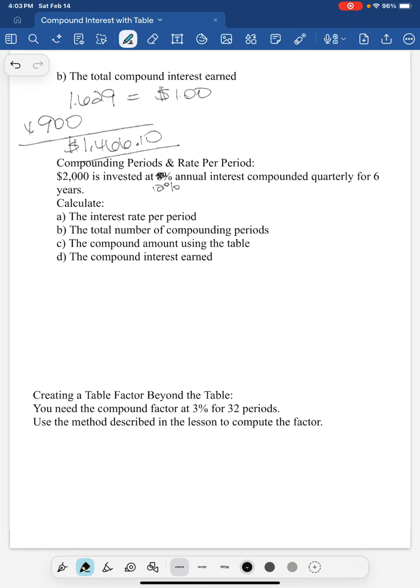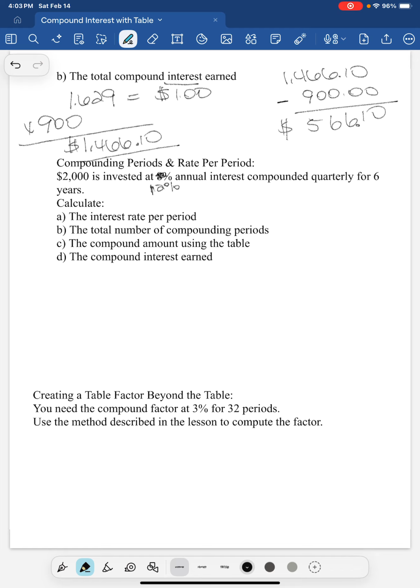This is the total amount. Now, how we find the compound interest is we take the compounded amount, which is this, and we subtract the principal, and we get the interest, which is $566.10, okay?